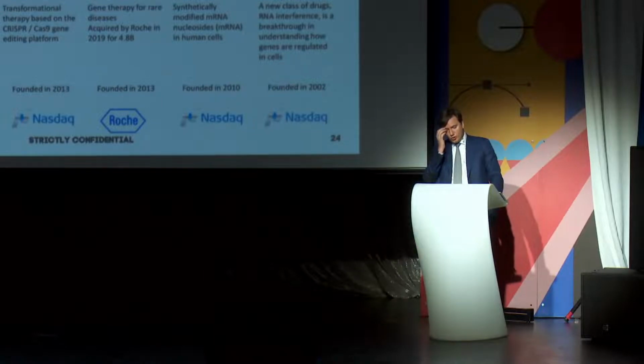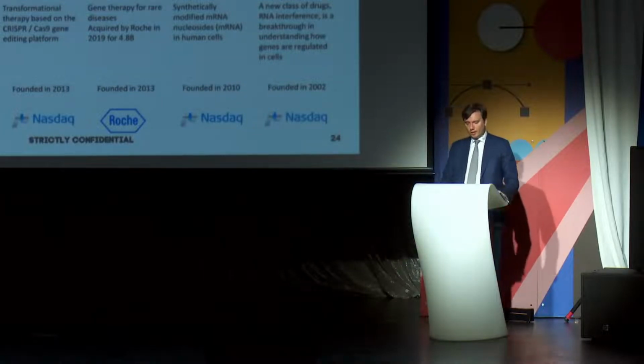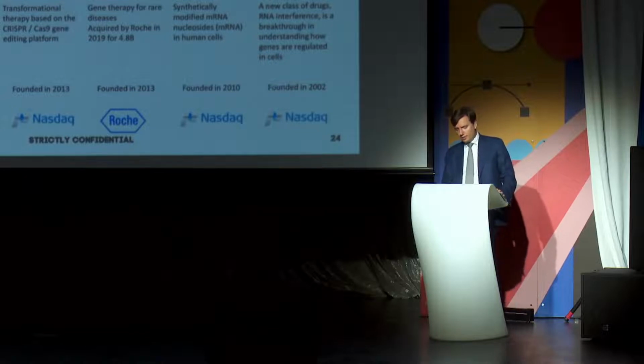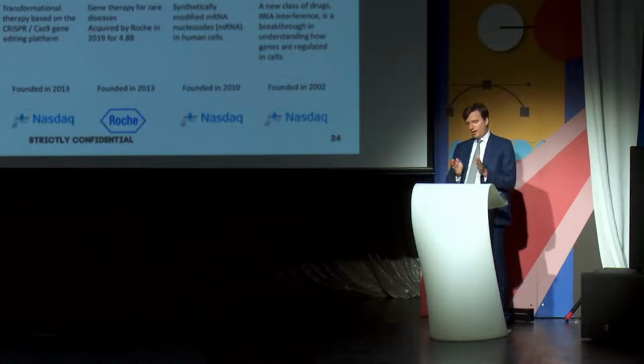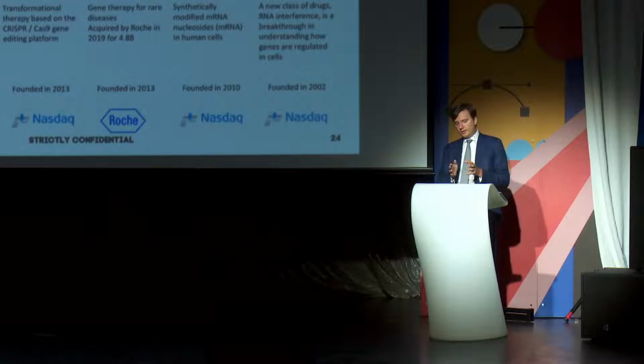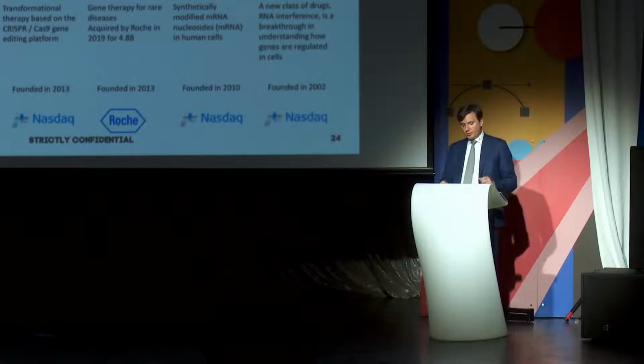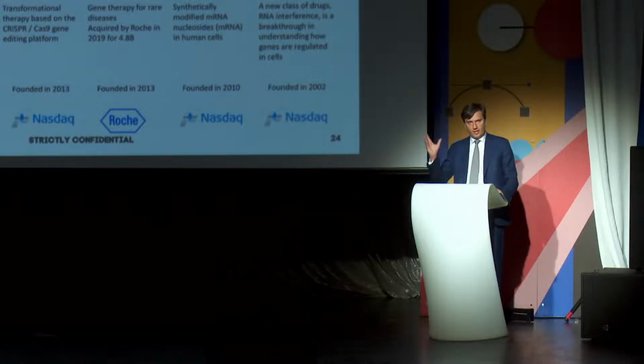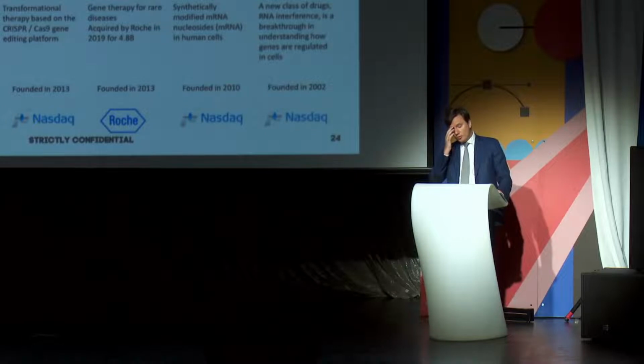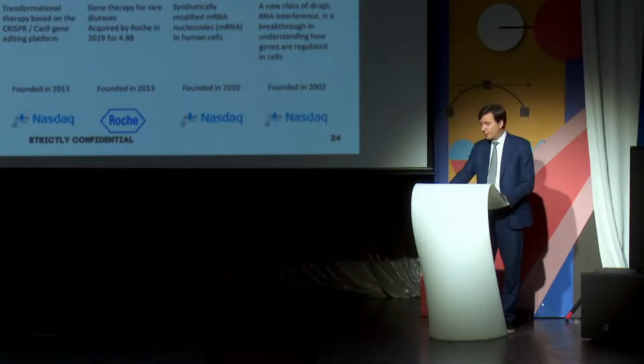The first ex vivo gene therapies were targeting cancer, and what they did was take T cells. T cells are part of our immune system, and they kill either cancer cells or cells which are infected by a virus.